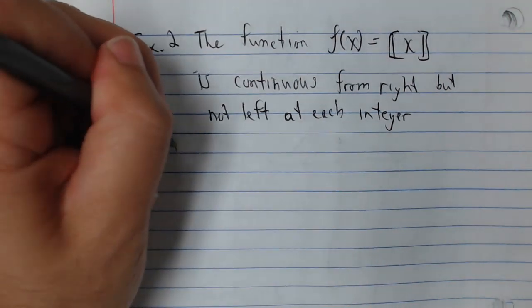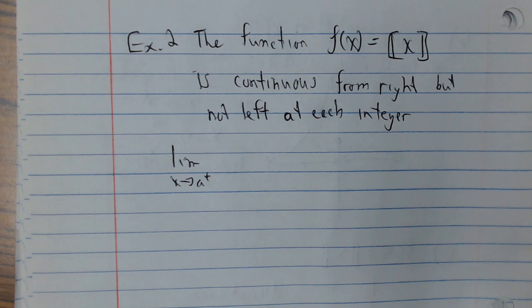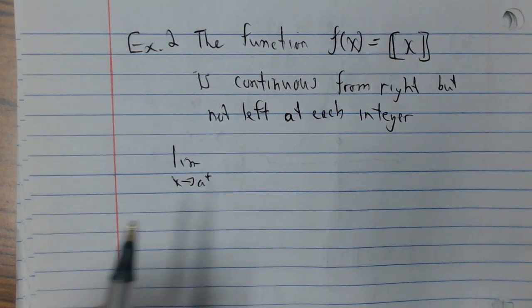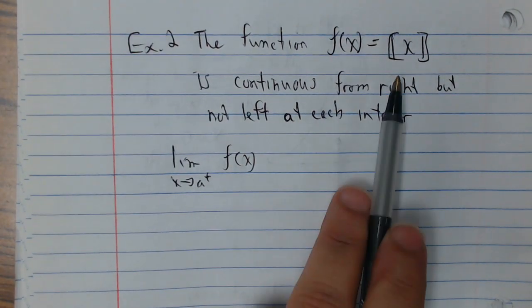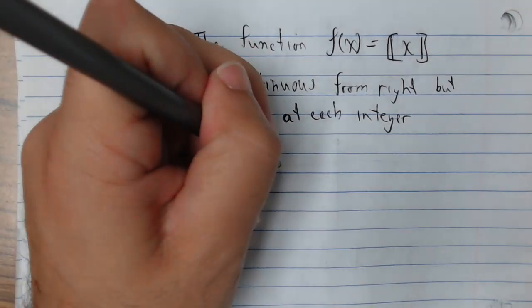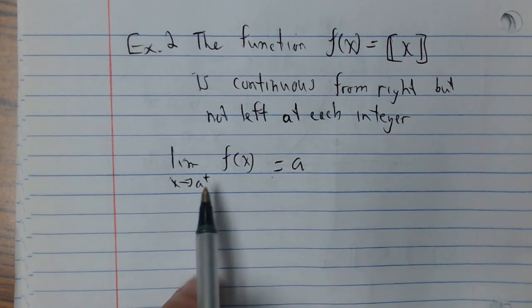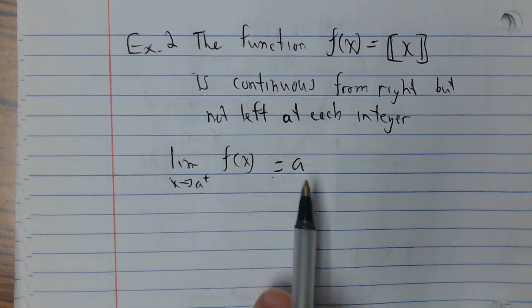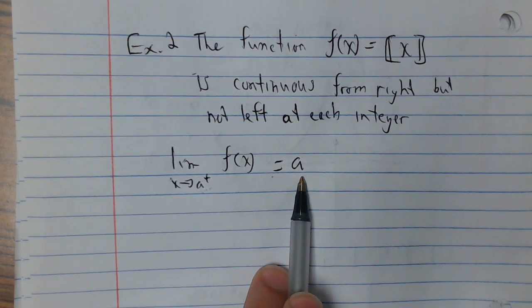Look at the limit as x approaches a from the right side, and we're assuming a is an integer. There was a homework problem assigned. What is it that we notice? If you approach a from the right side of the greatest integer function, you get a. We did this for homework, where instead of a, we called it n. It doesn't matter: if you approach any integer from the right side, you get a.